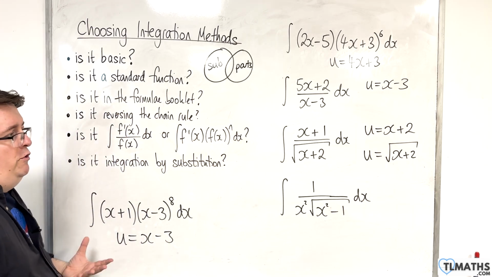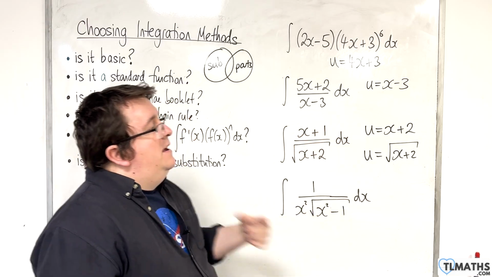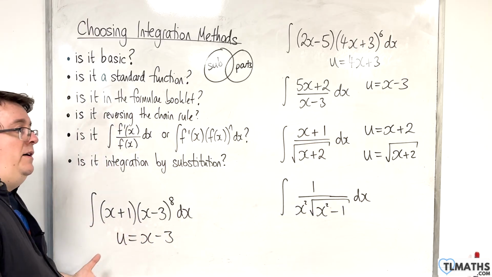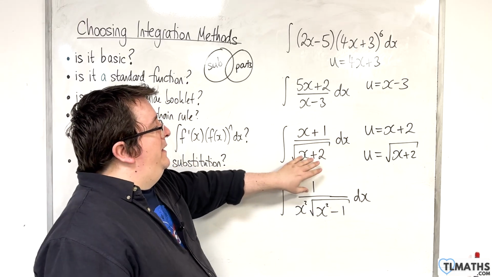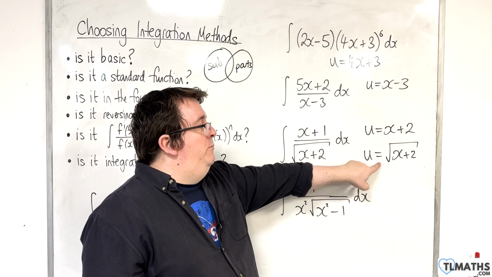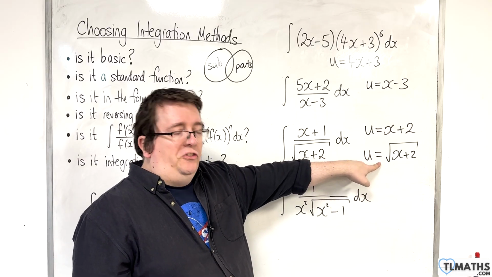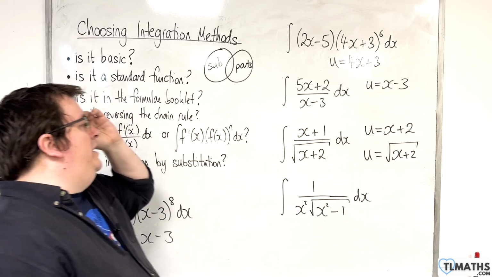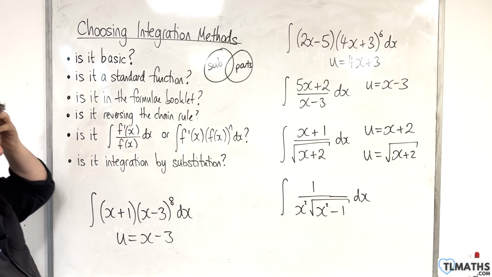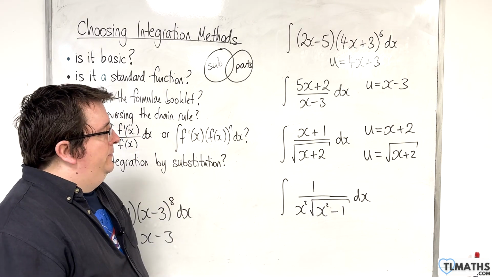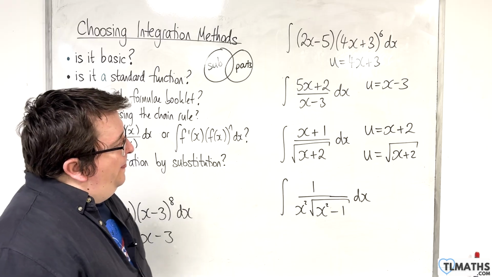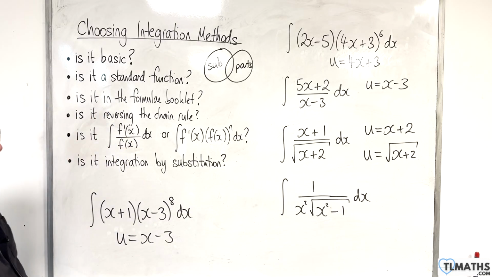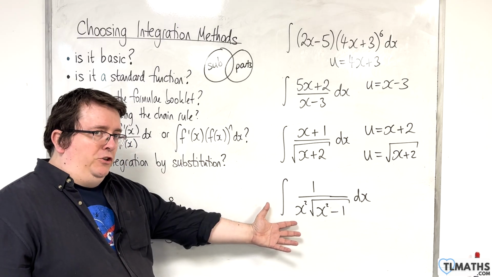I think in the majority, people probably find that easier, but I have seen exam questions in the past which have given something like that and have asked people to use this substitution specifically, which I think is a bit of a nuisance, but there you go. This one, if it's something like this, this is one where you would be given the substitution.